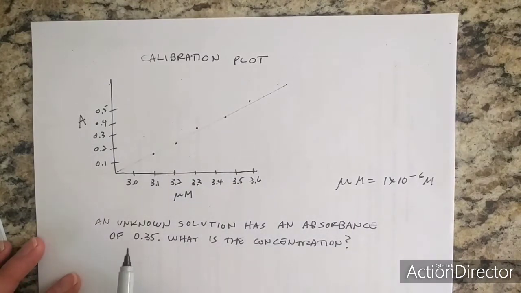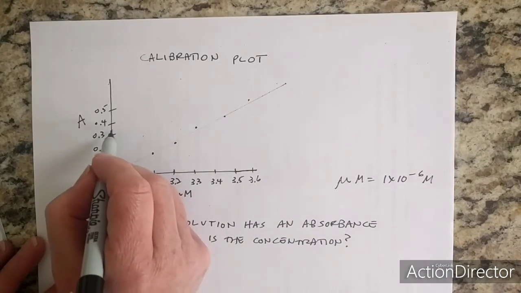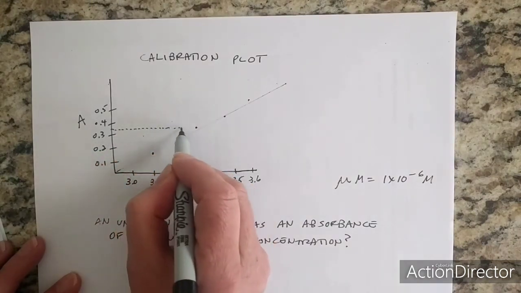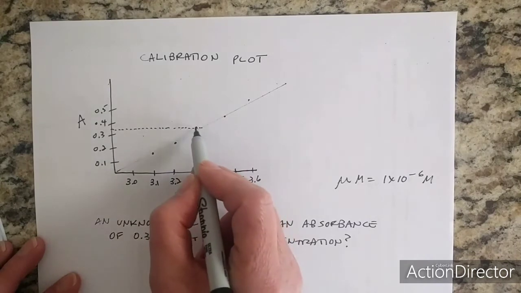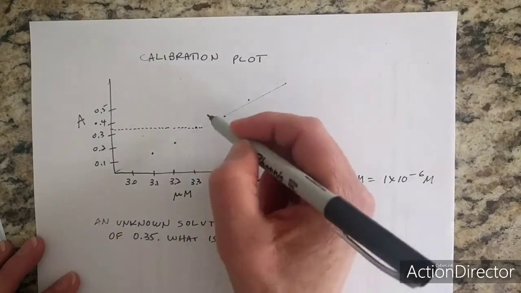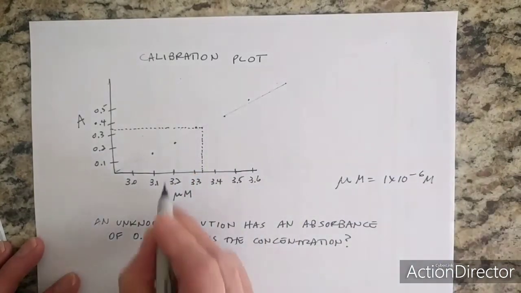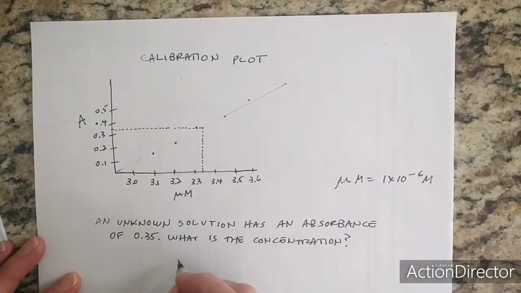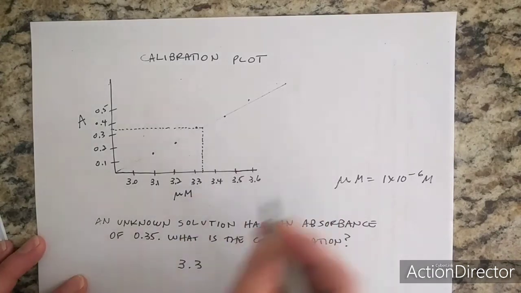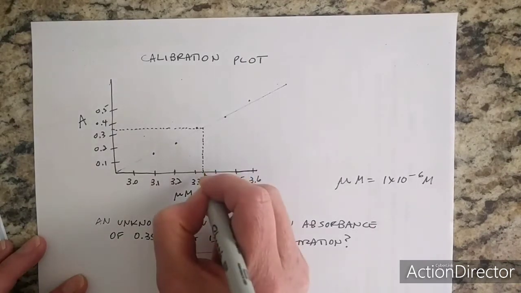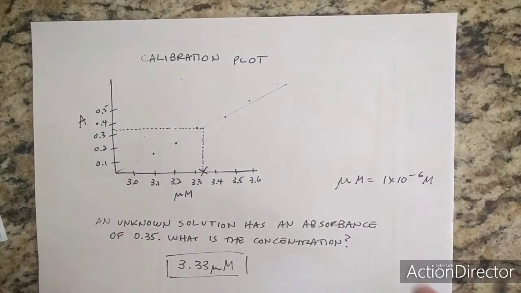Okay, so our absorbance is 0.35, so we go on our graph to 0.35, go over to the line. You do not go to a point, you go to your best fit straight line, then go down, and so there is our answer. So our concentration would be 3.3 micromolar. So we get that right from the graph.